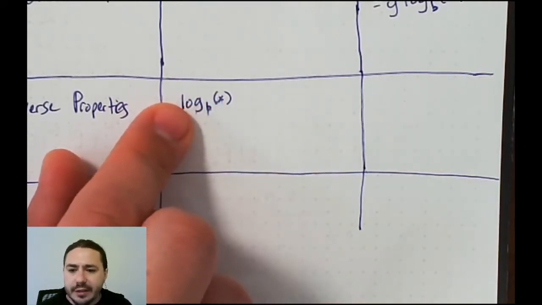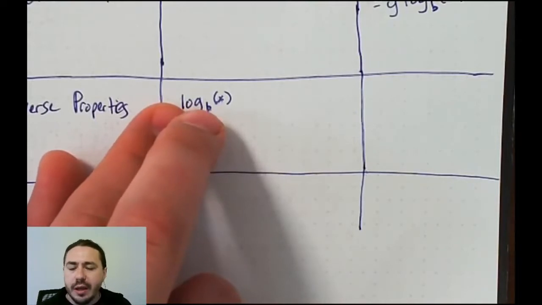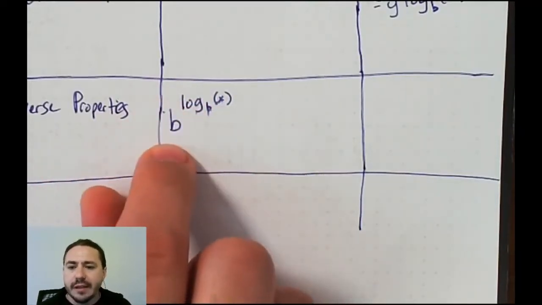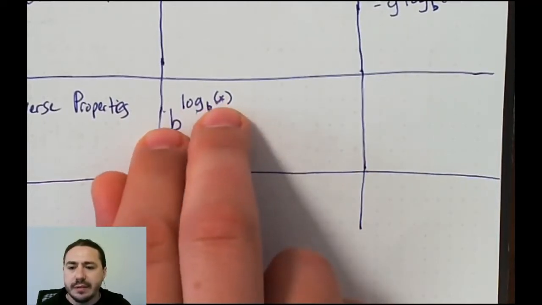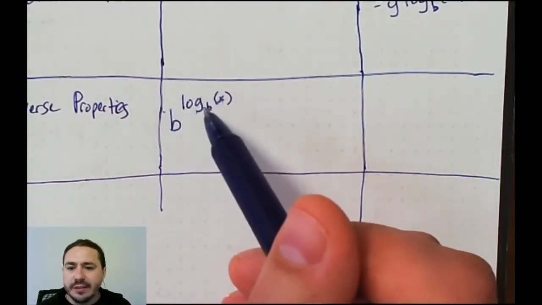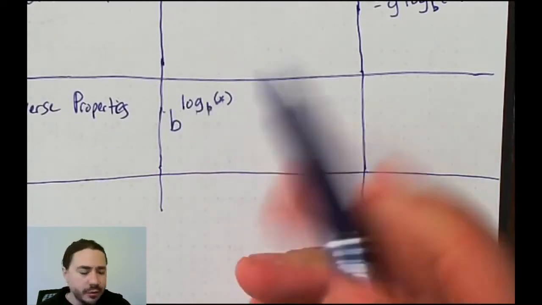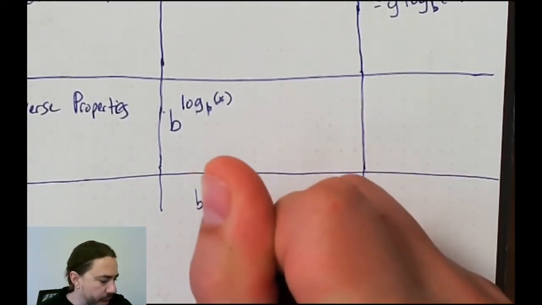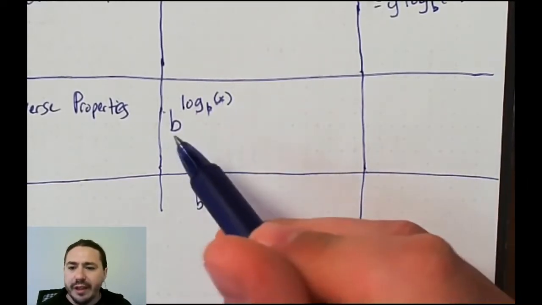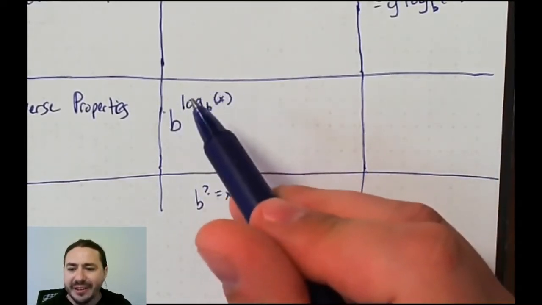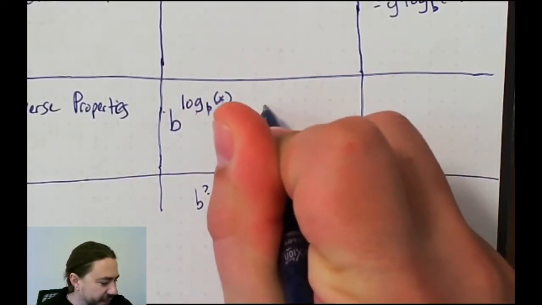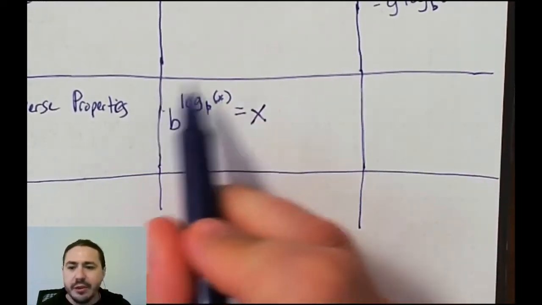To do that, I would need to have this be a power with a base that's b. In other words, these bases need to be the same. Because this is saying b to what power is x. So if that is my power, then this is just going to equal x. Okay, so this is how you cancel that out.